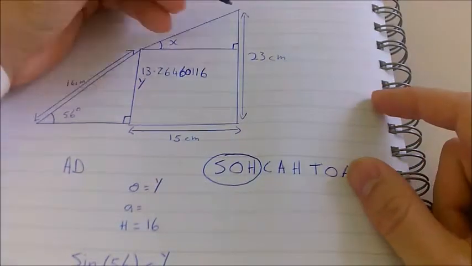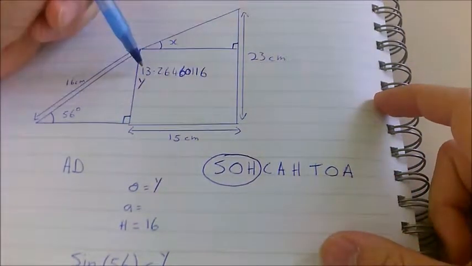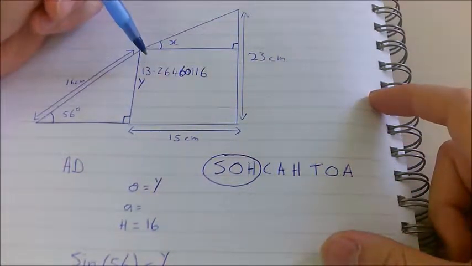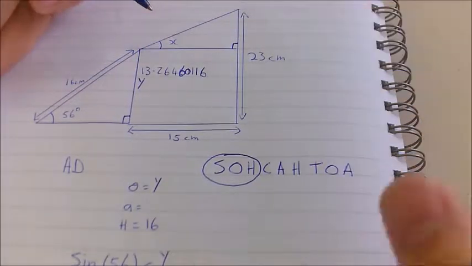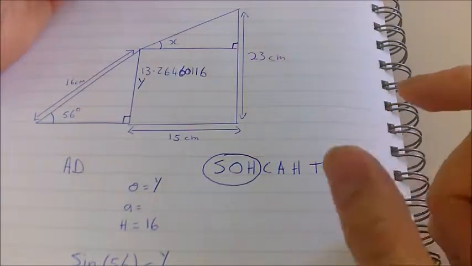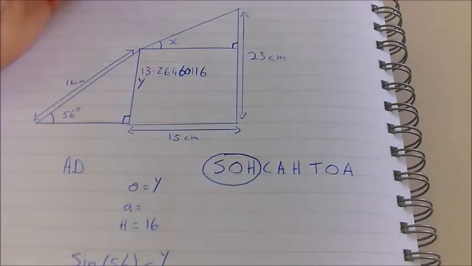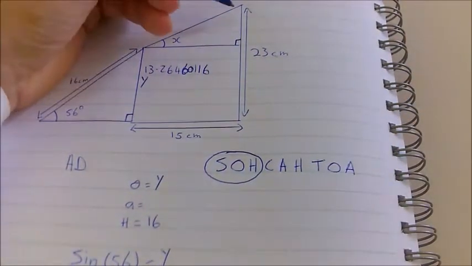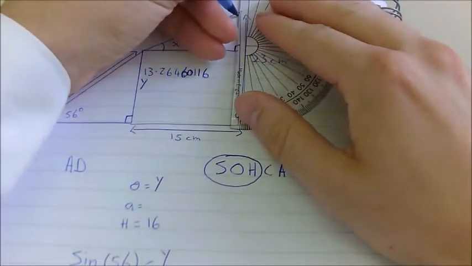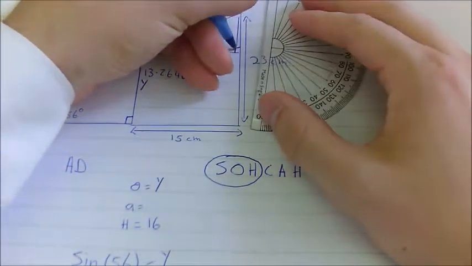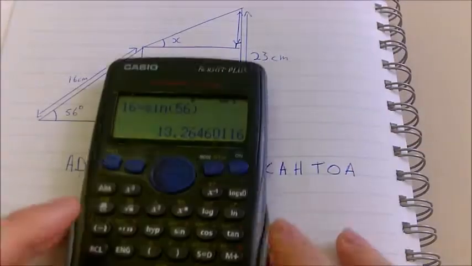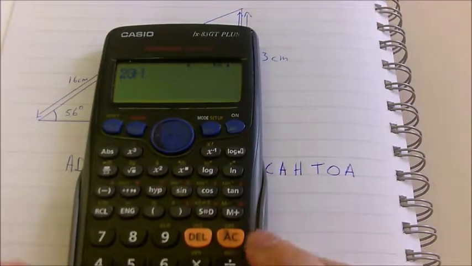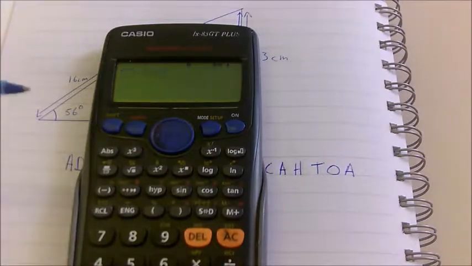It's important that I don't round too early. I can't put 13.3 in, because if I do, my answer for the angle using trigonometry will be slightly rounded, which won't be perfectly correct, and I may lose marks for that. So I'm going to work this length out first. I'm going to keep the number up here. It's going to be 23 minus that number just now.